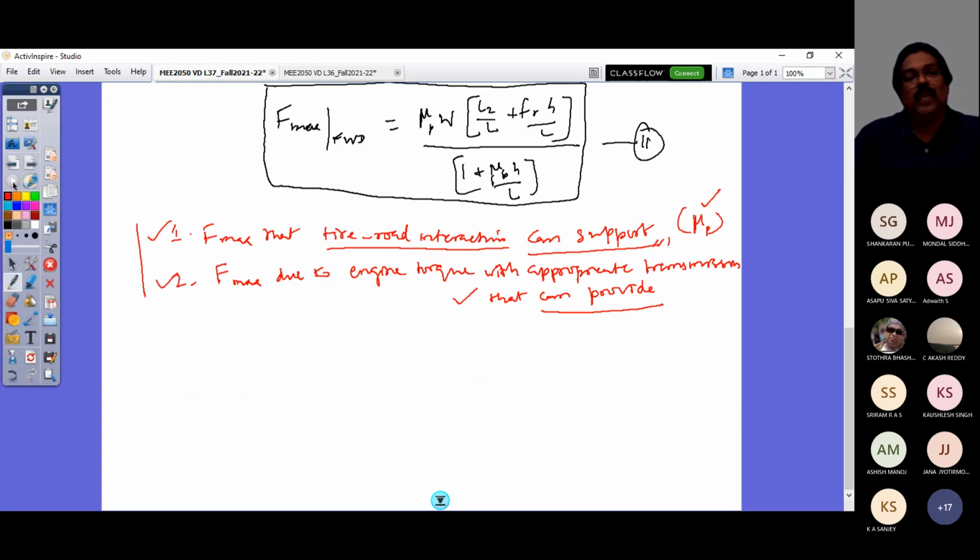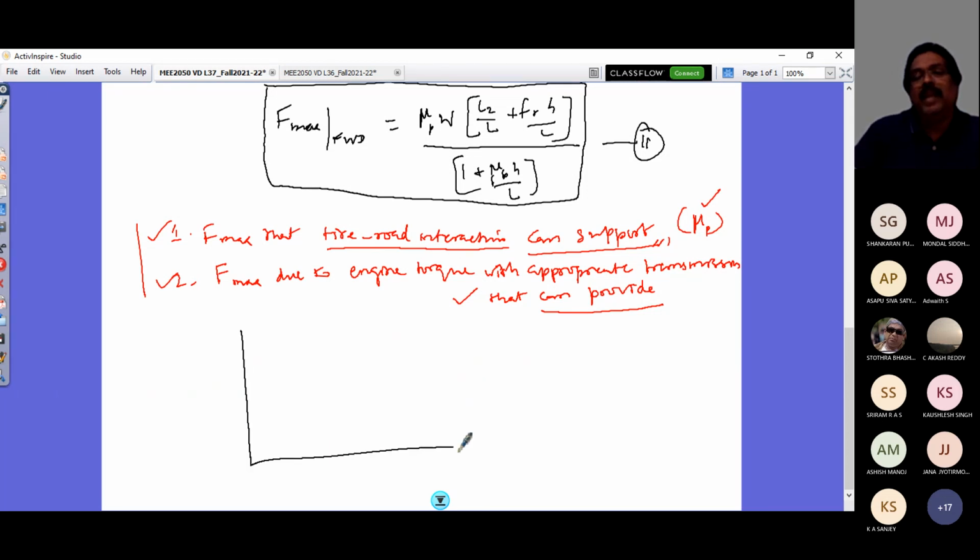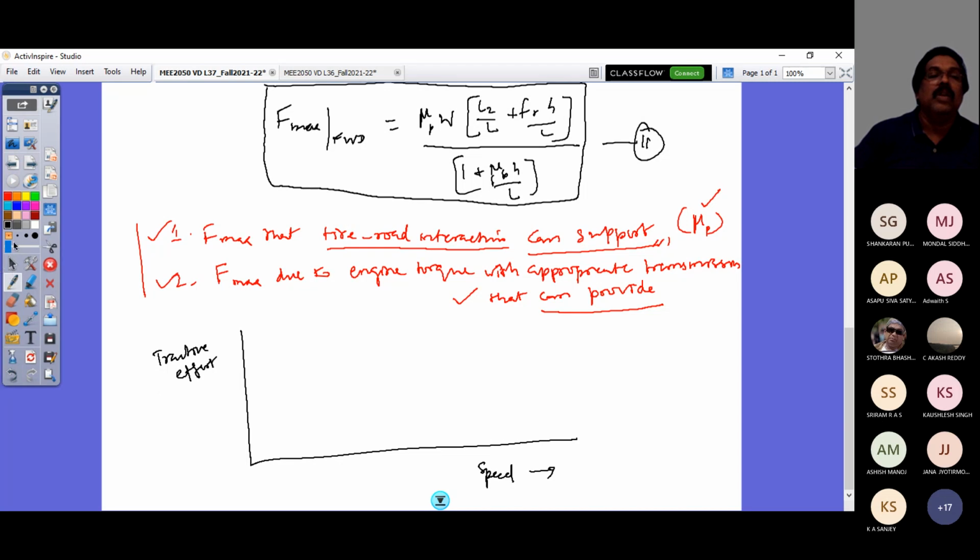characteristics, right? So what is this power torque characteristic I say? If I take vehicle speed on the horizontal axis and I have my tractive effort, or instead of tractive effort I could call it torque variation, because that is more apt.